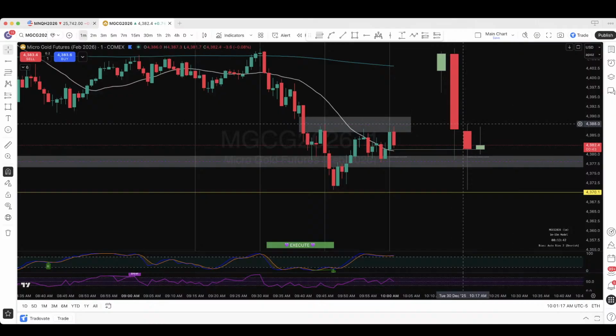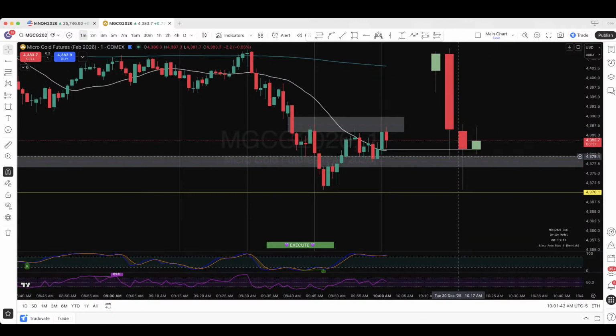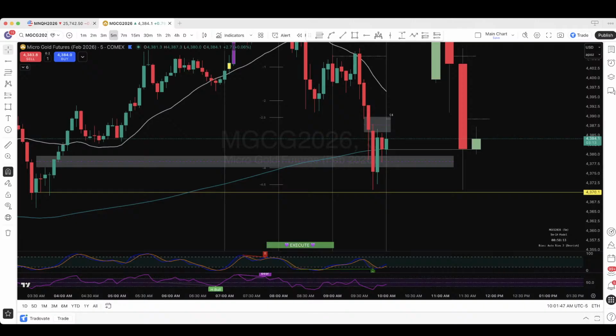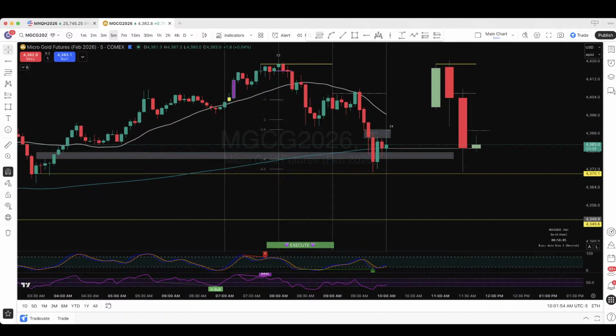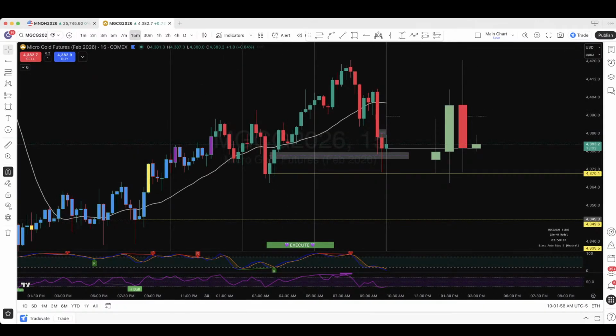Really wanted to see it get into that fair value gap. Didn't close below here on the 4 hour though. Sketch.